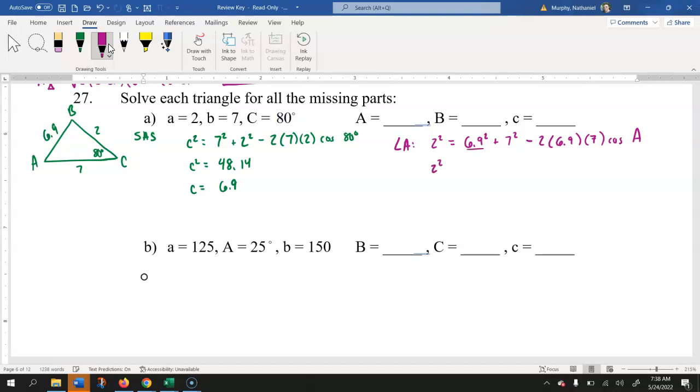I'm going to subtract these values from both sides, because remember, all of these are being multiplied times the cosine of A. So we cannot combine these with the 6.9 squared and the 7 squared, because we're not working with like terms there, because the rest of that is attached to the cosine of A. So all we can do is subtract 6.9 squared from both sides and subtract 7 squared from both sides.